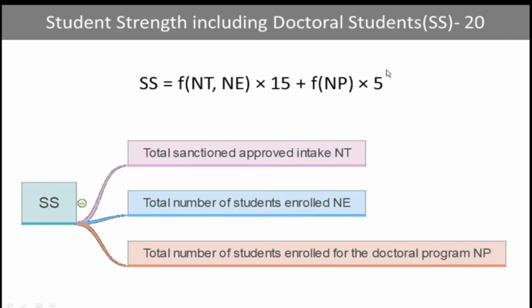However, an additional factor of 5 the institute can get if they have research centers and students enrolled for doctoral programs. So the best way to get maximum marks under this metric is to ensure that the number of students enrolled is close to the total sanctioned approved intake, and the benefit of enrollment in doctoral programs can also be taken under this metric.